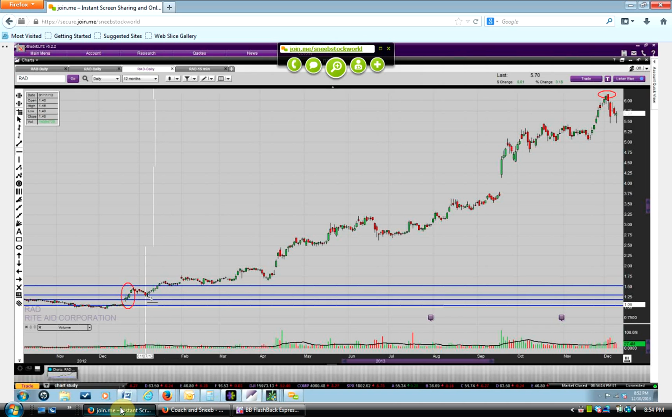Well, remember, when we bought here, we bought small so that if it fell to this line, we could buy more, right? And as it confirmed, and we come back, we're buying small, adding to an average clear down here, aren't we?